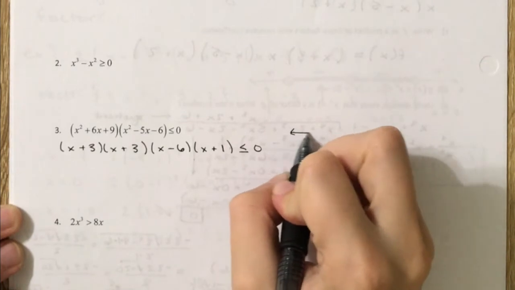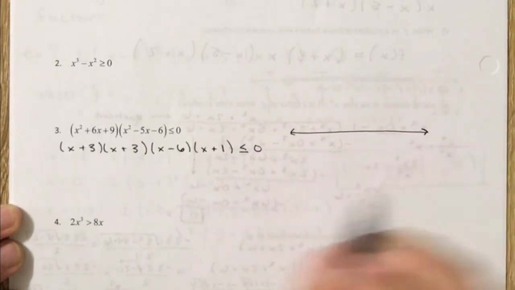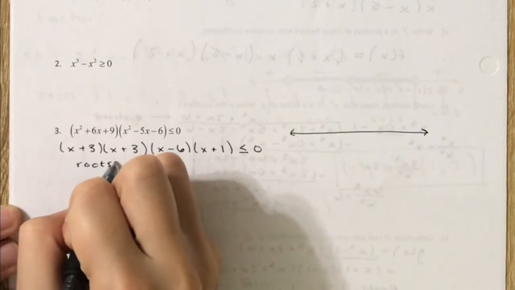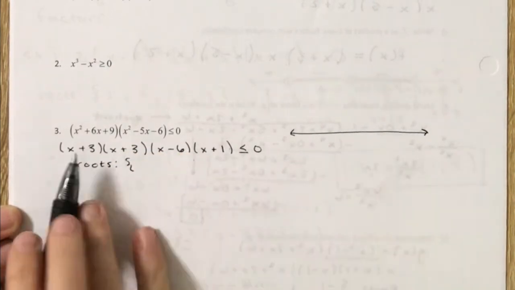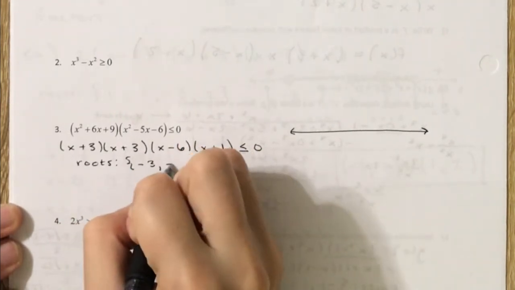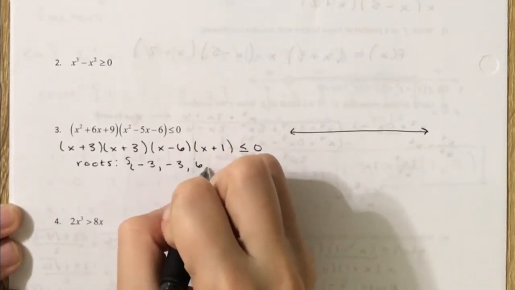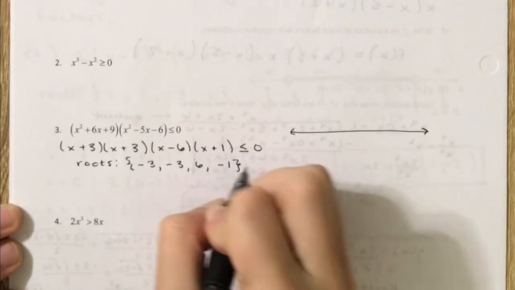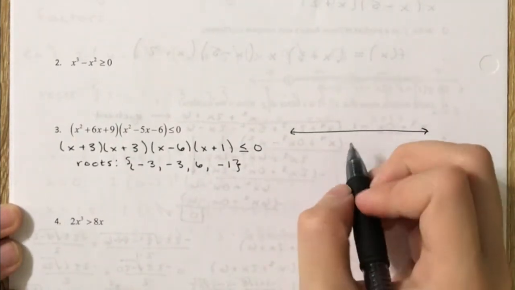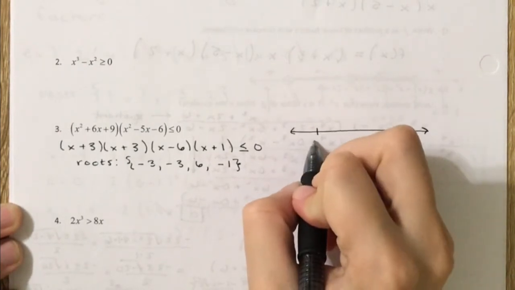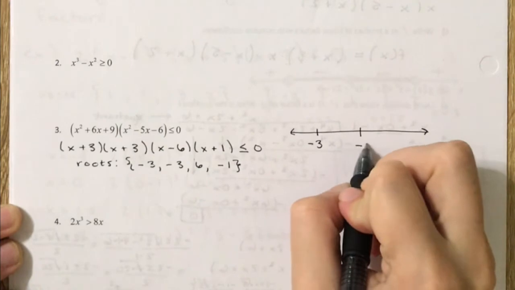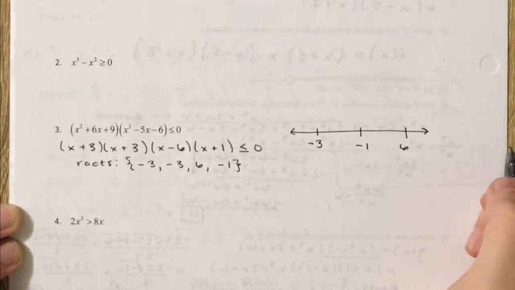Let's go ahead and draw our number line. What are the roots here? Well, it looks like we have a -3, a second -3, a positive 6, and a -1. All of these need to go on my number line. So -3 is the smallest, then -1, and then positive 6.